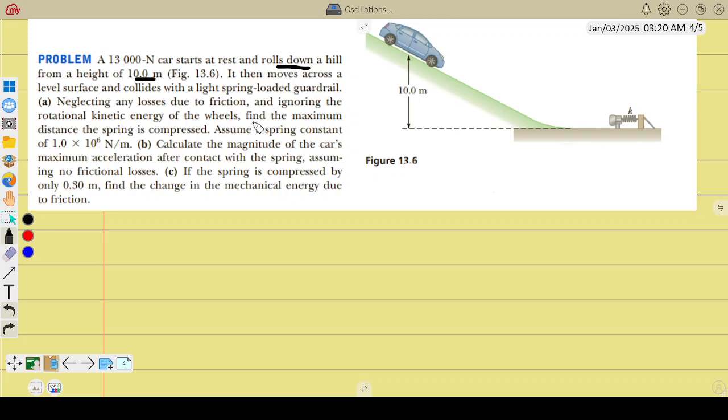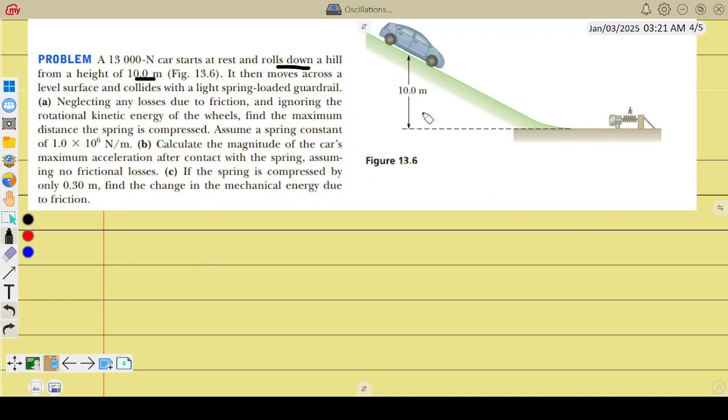So the question is, find the maximum distance the spring is compressed. At this point you start gathering your physics. What do we have? We have this car, it is at a certain height.